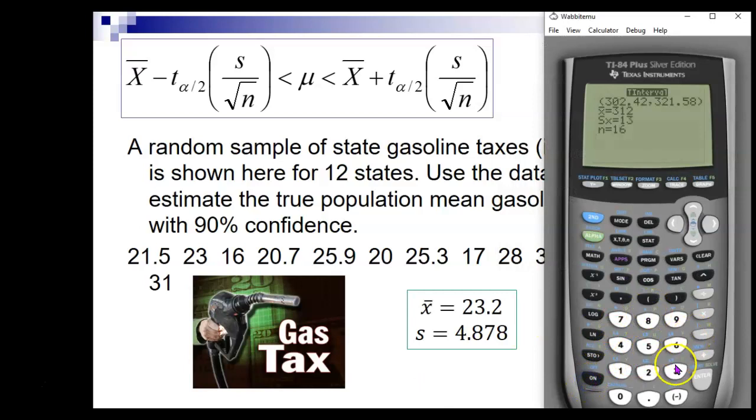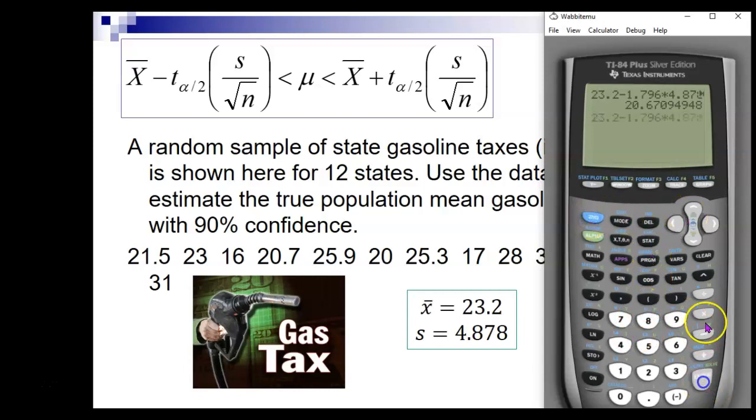So X bar, 23.2, minus 1.796 times 4.878 divided by the square root of 12 is 20.6709, about 20.7.